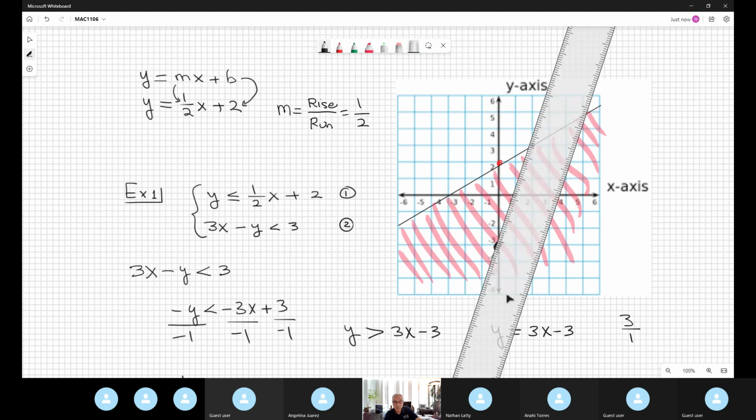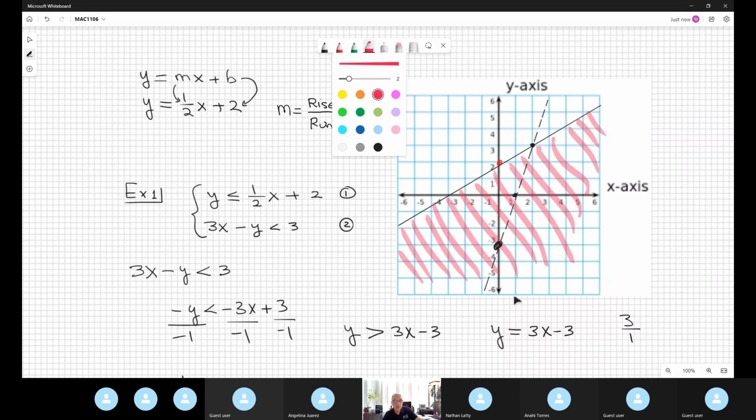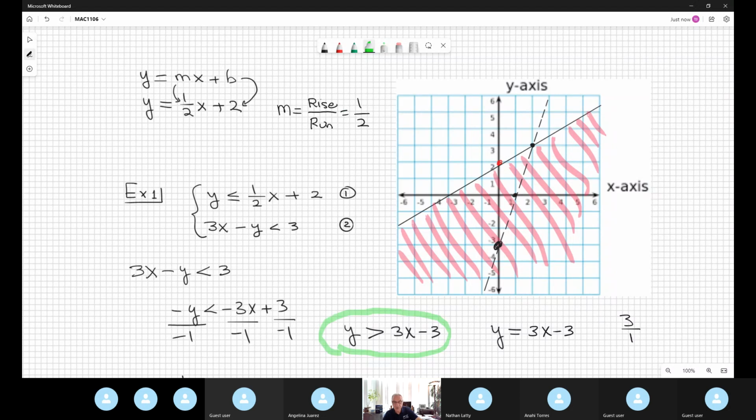Okay, dotted line. By coincidence, this is a common point, but it's okay. Now in what direction do I shade? Let me use another color, maybe green. It's obvious in our problem, look at that. It's greater than, and greater than is above the line. So above the line is this.